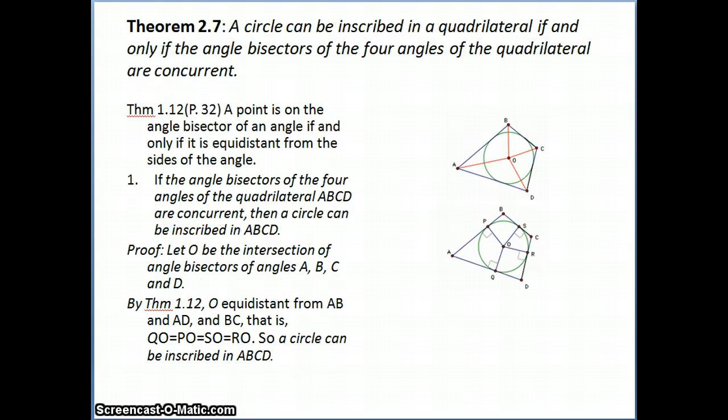Next one, 2.7. A circle can be inscribed in a quadrilateral if and only if the angle bisectors of the four angles of the quadrilateral are concurrent.